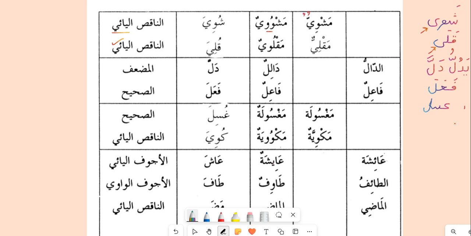All sahih letters. So we have مغسولة. This is another scale following with ta marbuta, but all the harakas and structure are similar. Only a ta marbuta is added afterwards.